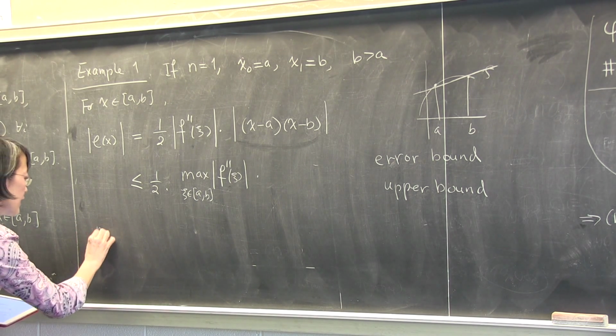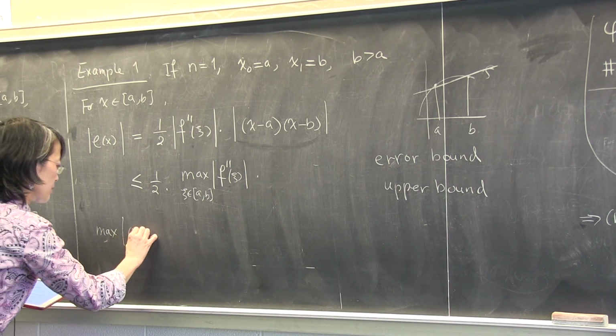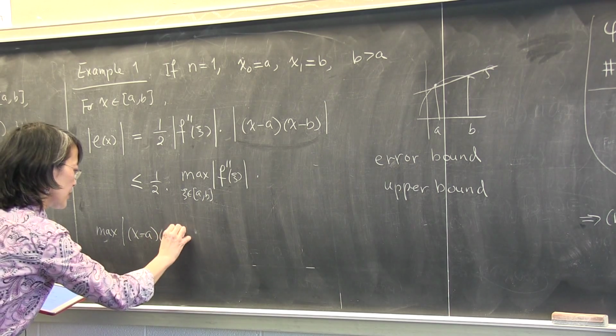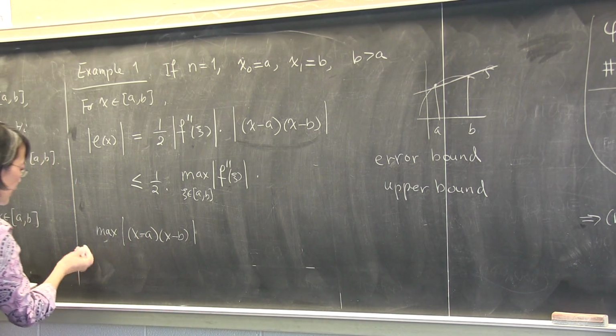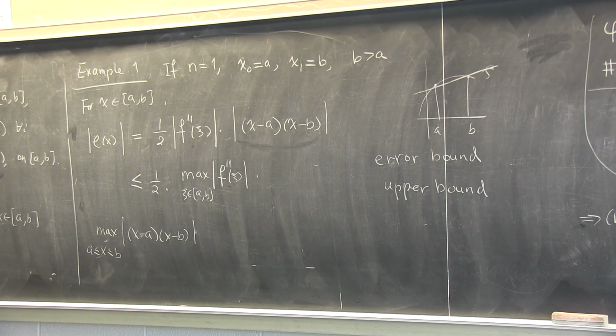I will write it down here. The maximum of this expression, x minus a times x minus b, in absolute value, for x between a and b. How do you find the max of that? This is just a parabola, isn't it? It's like that. It has a max. How do you find it?